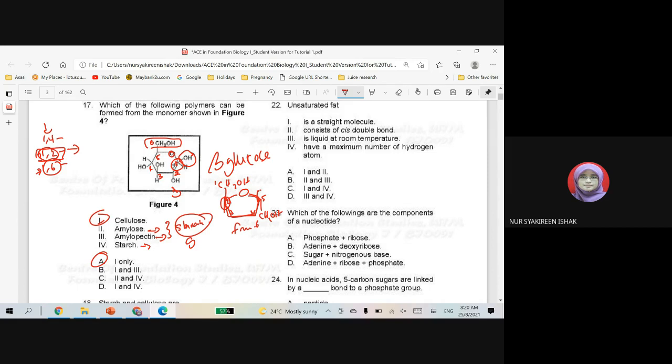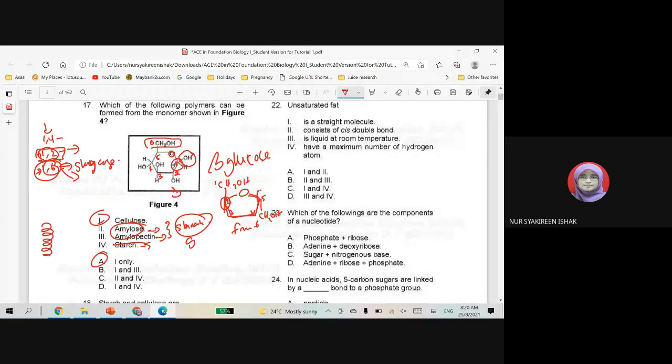So you have to know where the bond is present. Remember, 1,6 also occurs in the structure of glycogen and in the structure of amylopectin. Amylose does not have it, because amylose does not have branches. The structure of amylose is just helical like that.